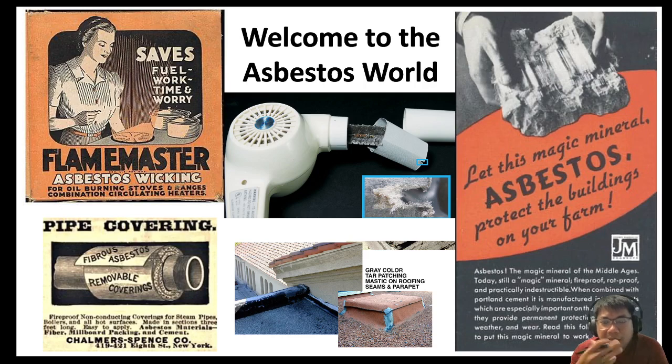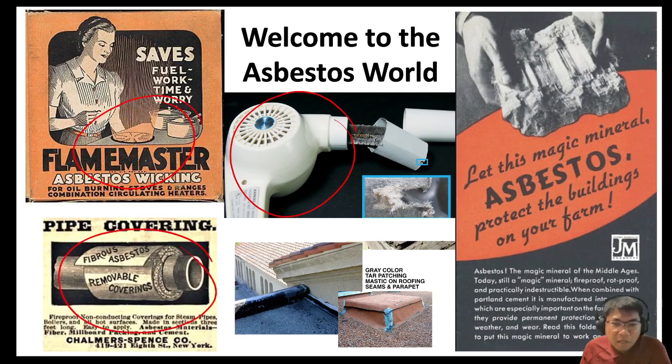Again, I already mentioned that asbestos used to be in many households, and if you don't believe me, these are all advertisements that are associated with the use of asbestos. They are used in stoves, in hair dryers, and asbestos is also used in pipe covers, and they are also still used here to patch the roof.